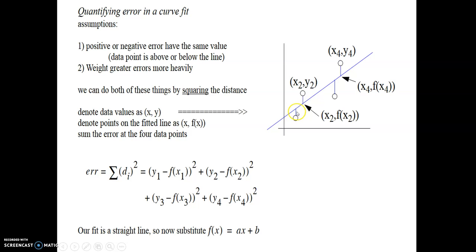We are squaring the error. Then y2 is over here, f(x2) is over here, so y2 minus f(x2) will give you another error. We'll square that error, likewise for the third error and fourth error. So we'll sum the squares of the errors.